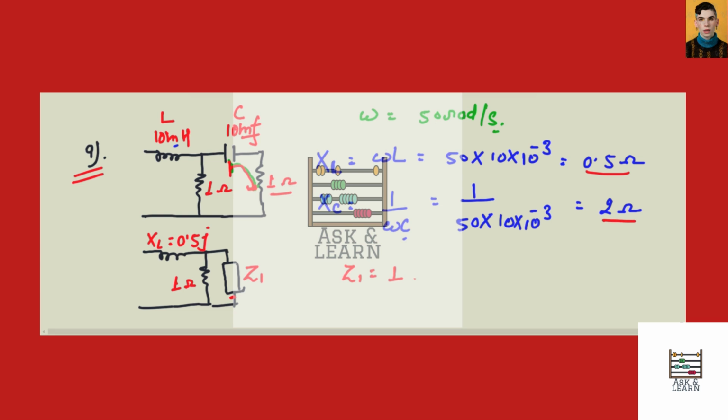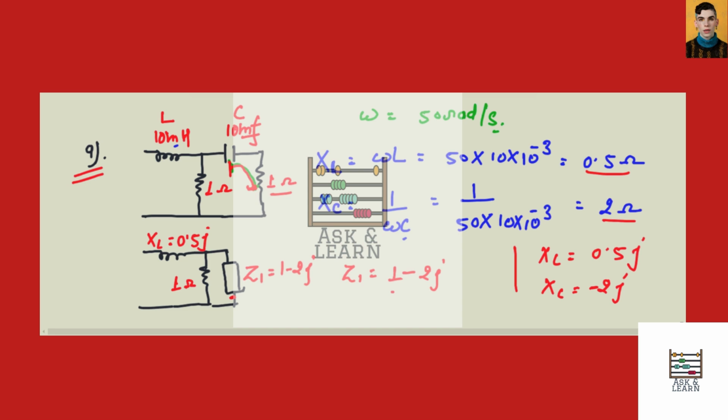So this gives us 1 minus 2J. This is our value for Z1. For XL, I see 0.5 J. The value of XL in rectangular form is 0.5 J, and the value of XC in rectangular form is 2 J with a minus sign, so this is minus 2J.